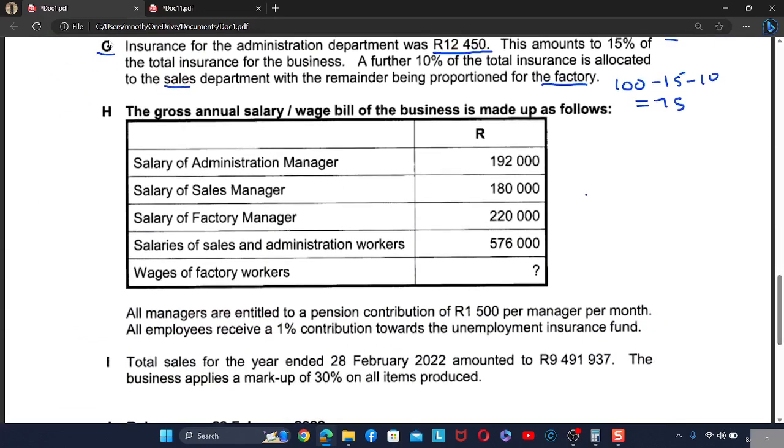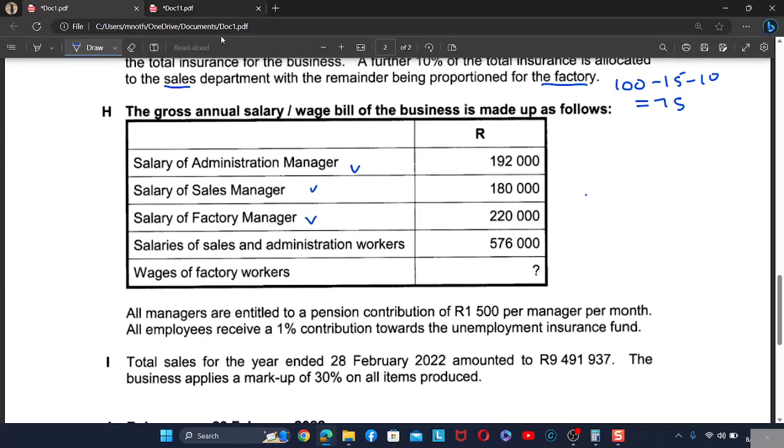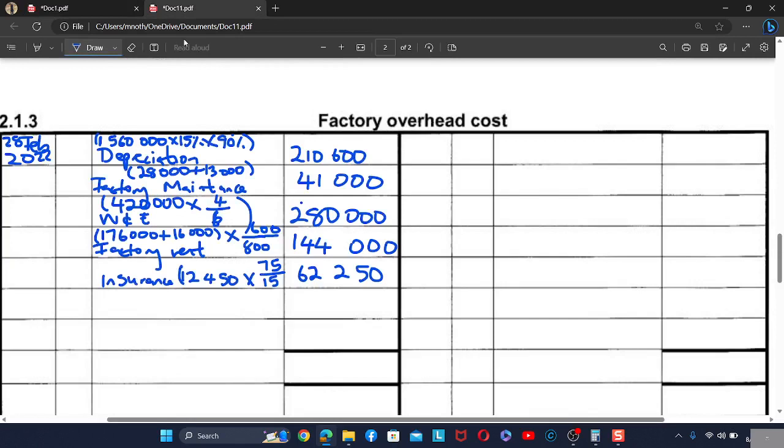Now, we have the salary of the admin, sales manager, salary of the factory manager, right? Salary for the manager of the factory. So it is given 220,000, right?